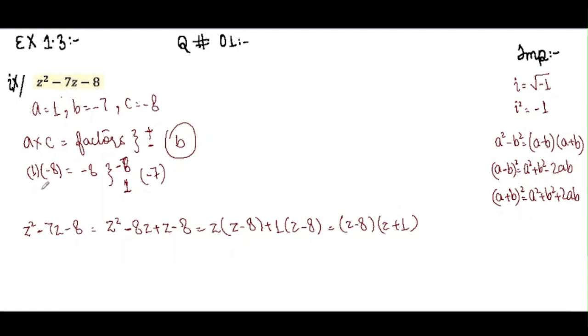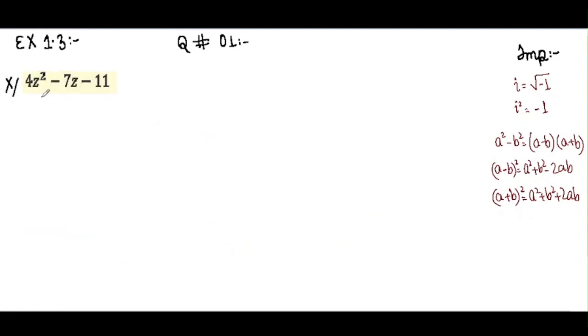Okay, so now we are moving towards the next part. Our next question says 4z square minus 7z minus 11. So for midterm break, to midterm break this whole polynomial, we get 4, a into c. The term is factorized.